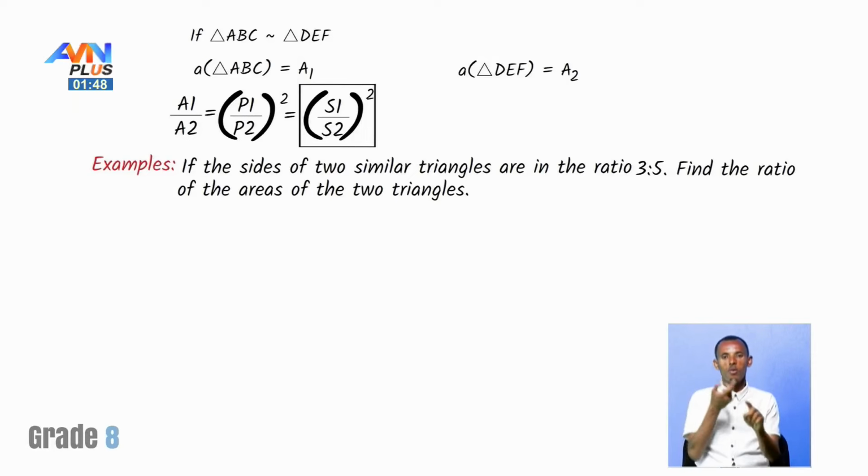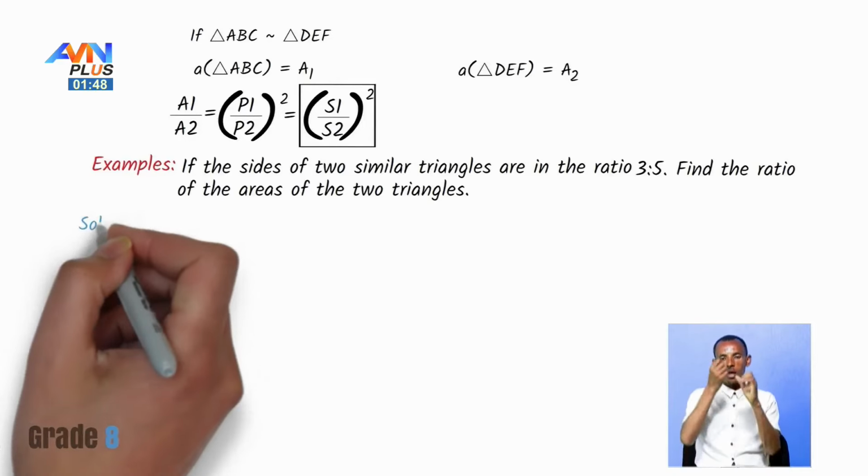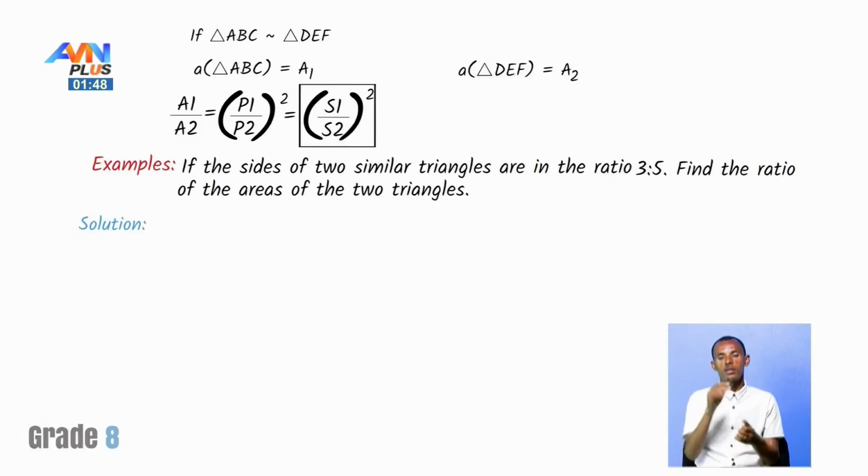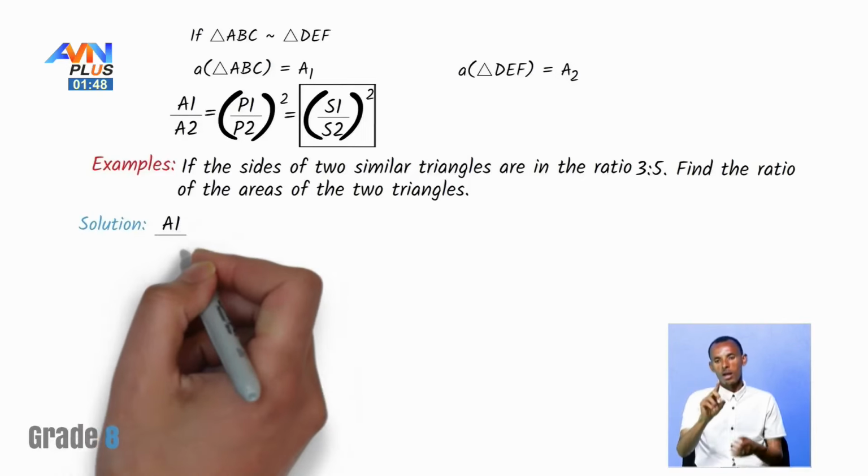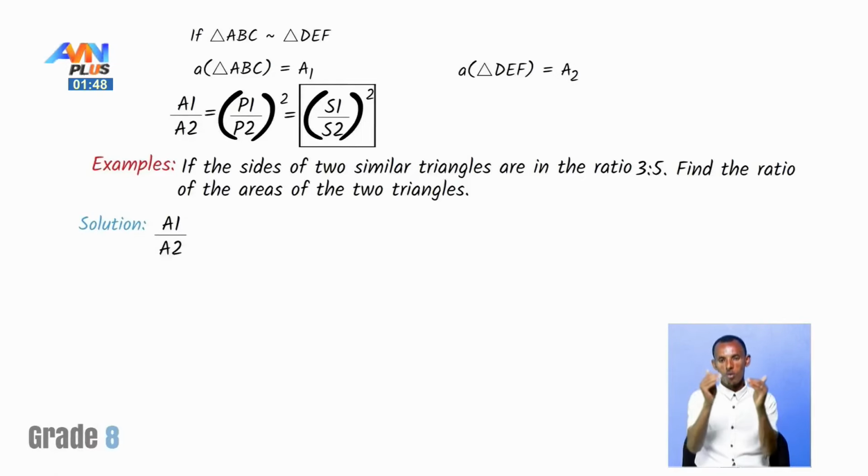From our derivation, A1 by A2 is the same as S1 by S2 the whole square.